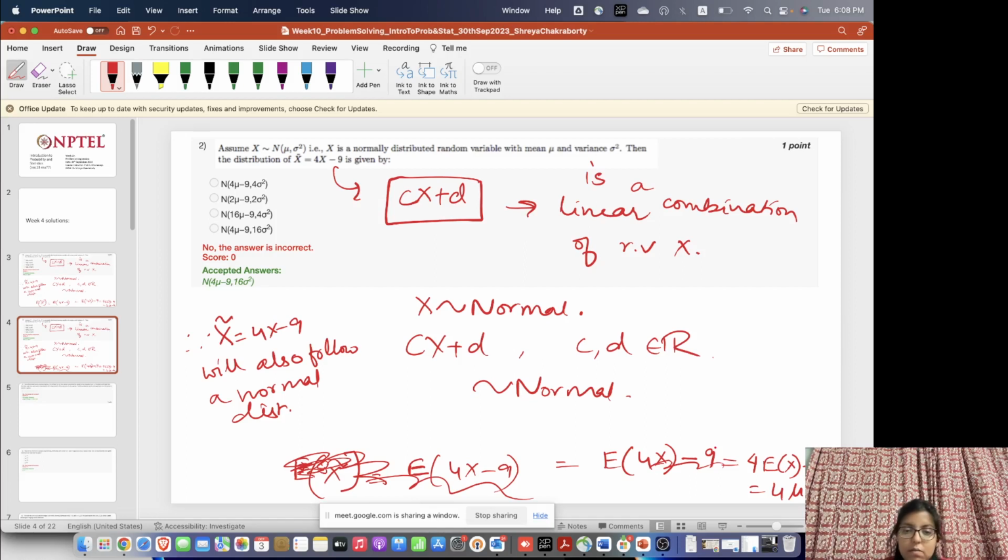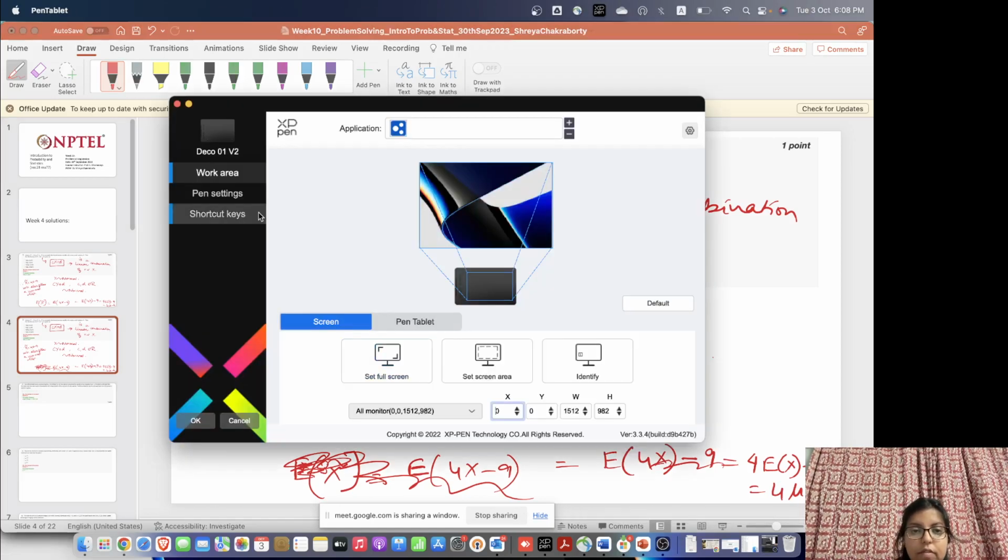So for variance, similarly we are going to calculate. Variance calculation we have discussed.